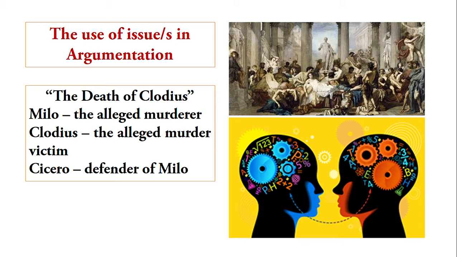And through the issue of value, he argued that what Milo did was only correct and rightful. After all, Claudius is considered an enemy of the state. So, through the smart use of these issues, Cicero was able to defend Milo very well and won the case. That is the power of knowing the nature of the issue at hand, so that you can construct your arguments well.